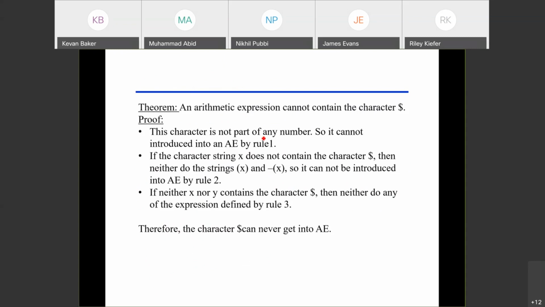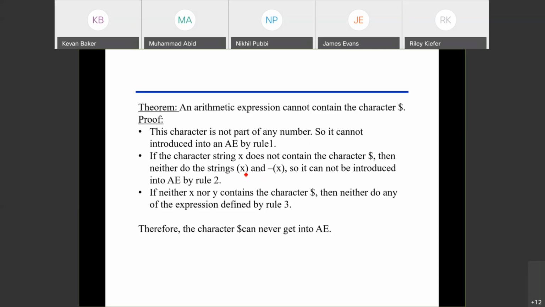The character is not part of any number, so it cannot be introduced in an arithmetic expression by rule 1. And then the same thing if the character string s does not contain the character dollar, because the next rules we generate from rule 1. So if it is not there in rule 1, you cannot do that in rule 2 or rule 3. So then neither do the strings x or minus x, so it cannot be introduced into AE by rule 2.